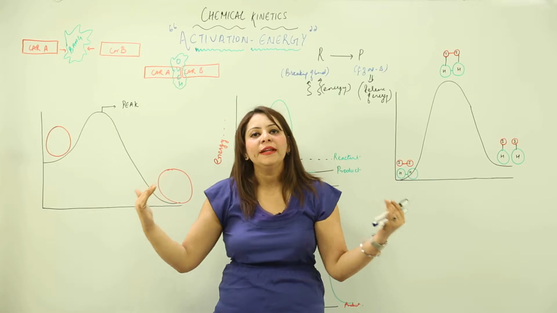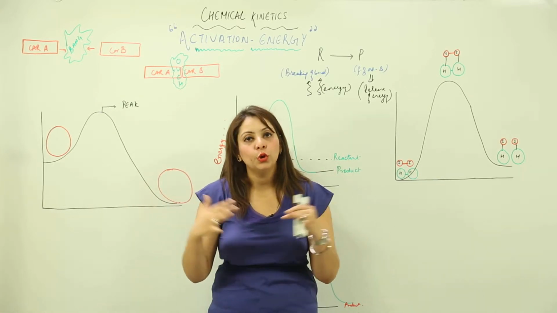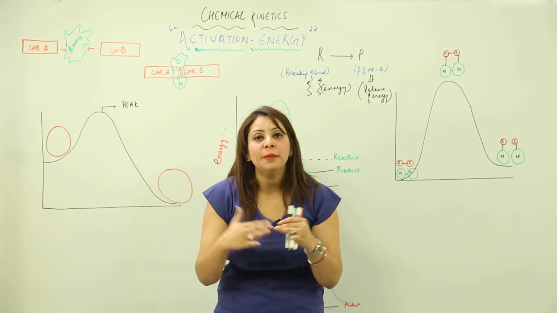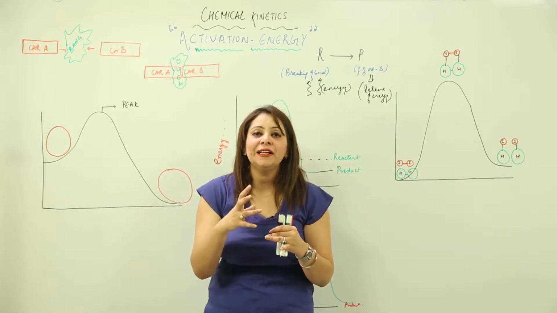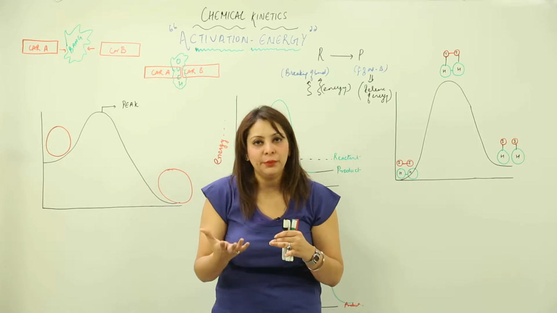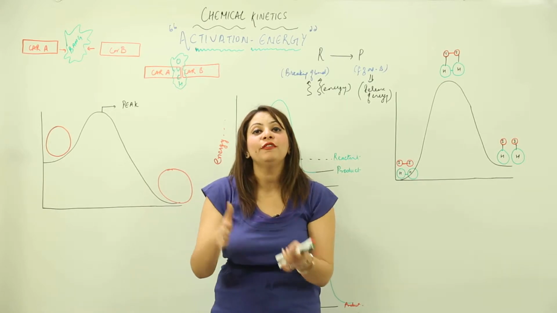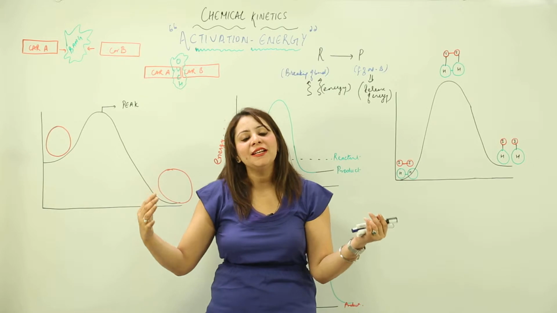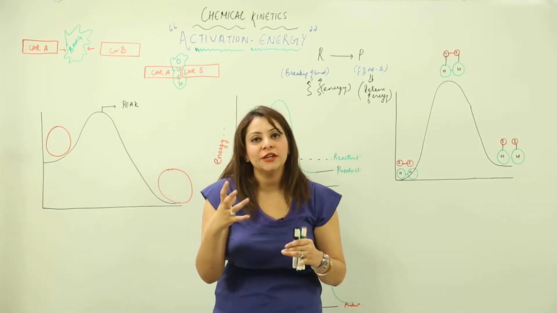When they collide, they will bang, but that bang will not result in much breakage. It is just a condition of ouch. They merely touch each other, but there is no such breakage.